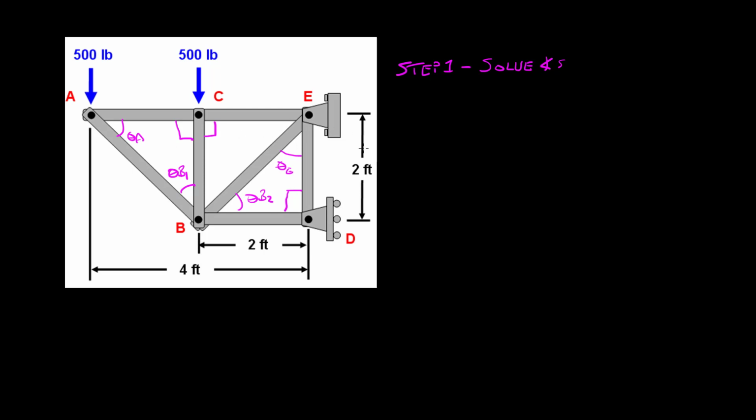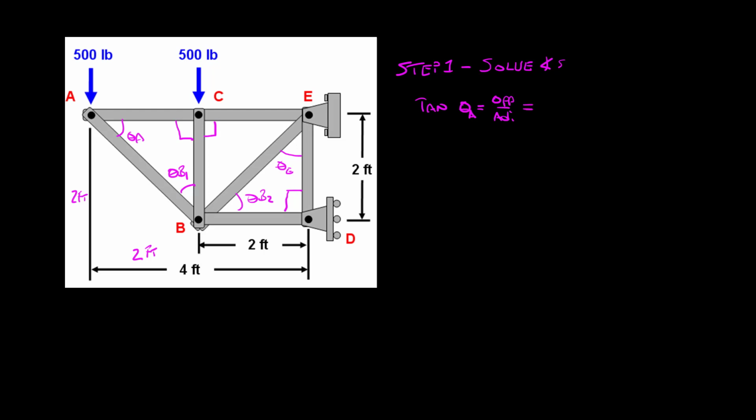So let's just start out and solve for theta A. If I look at theta A, what I have is 2 feet, and I'm split by 2 feet vertically. And all that I've got to do is say that the tangent of theta A is equal to opposite over adjacent, and this holds true for all of them.